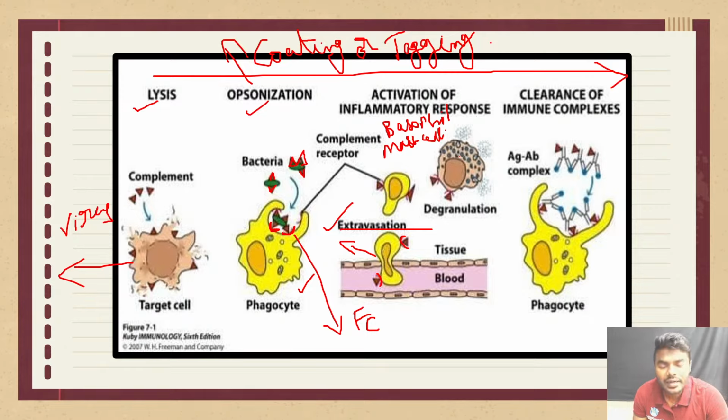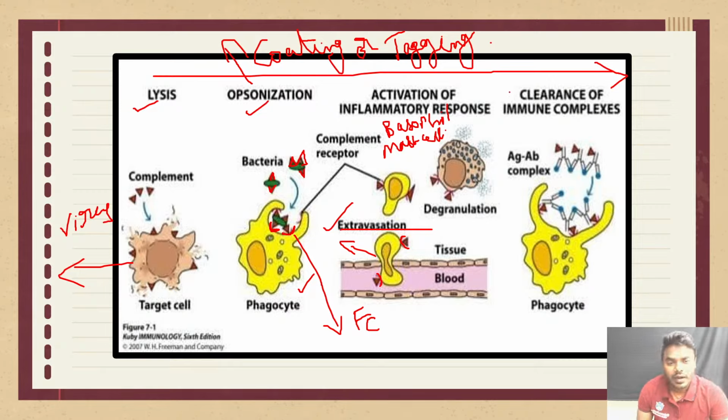There are abundant amounts of granules present in the mast cell. Listen to my words very carefully. Whenever there is a breakdown of this particular granule, what happens? All the chemical mediators present in the granules will be released, like histamine, like heparin, like platelet activating factor. They will all initiate the process of inflammation.